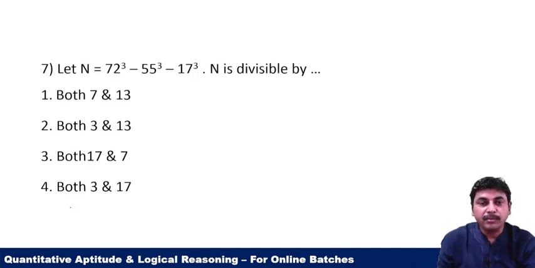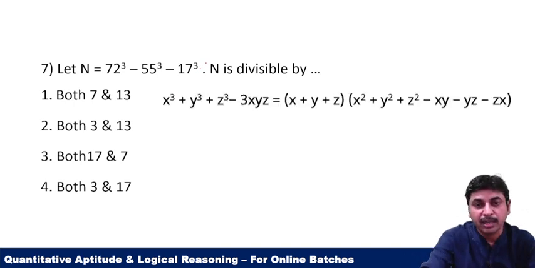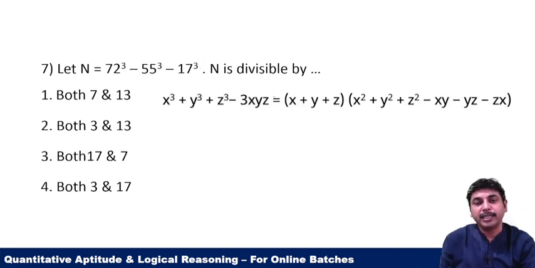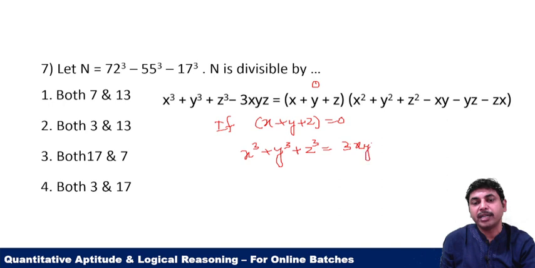Okay. Now look at this question. N is equal to 72 cubed minus 55 cubed minus 17 cubed, and N is divisible by what? Now you must be knowing this algebraic identity. If x plus y plus z is equal to 0, then x cube plus y cube plus z cube is equal to 3xyz.